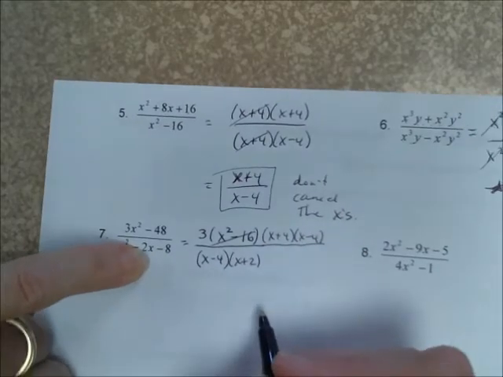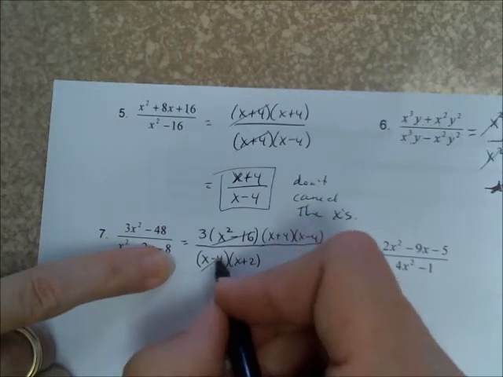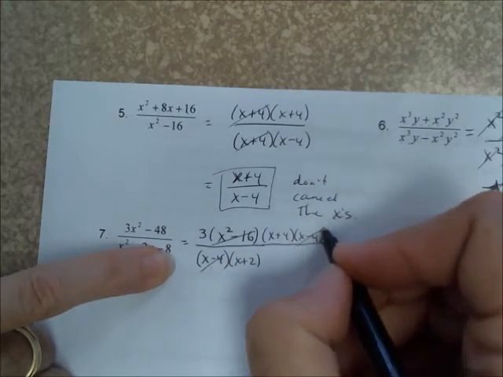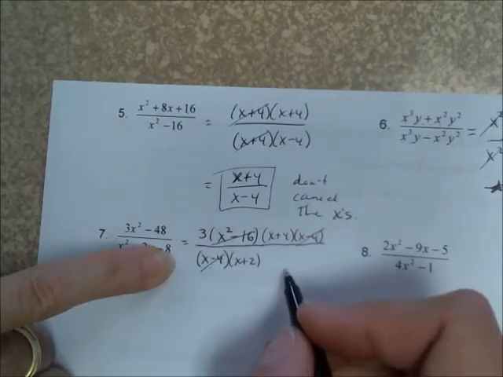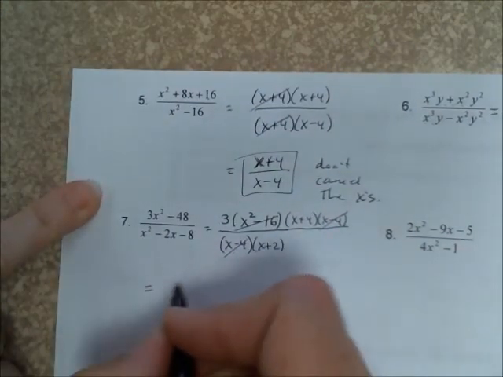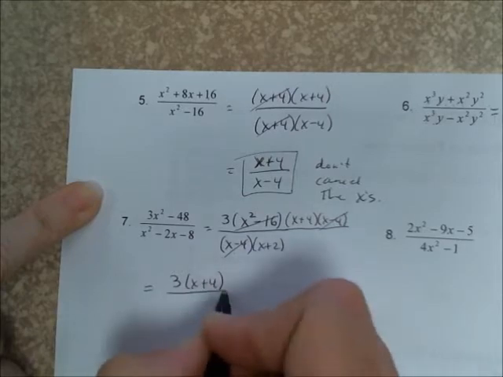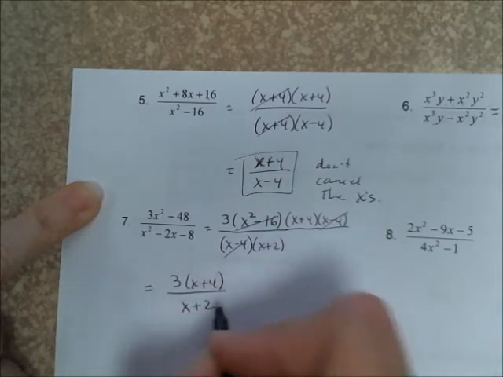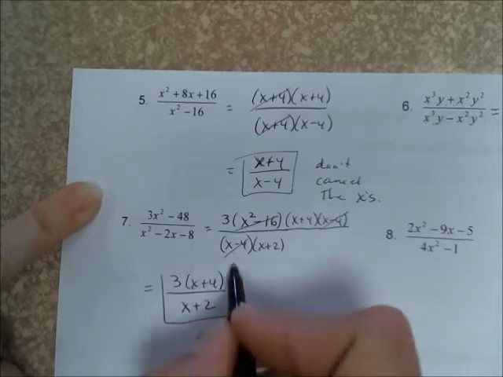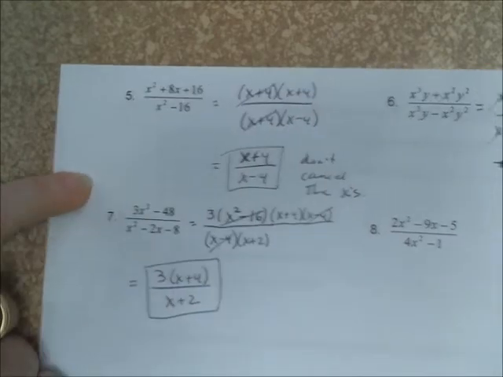So now what we have is an x minus 4 in the bottom and an x minus 4 in the top, but there's nothing else that's common that can cancel, so we're left with a 3 on the top and an x plus 4, and then on the bottom we're left with an x plus 2. If you want to distribute the 3, that's fine, but it's not necessary. That would be the end.